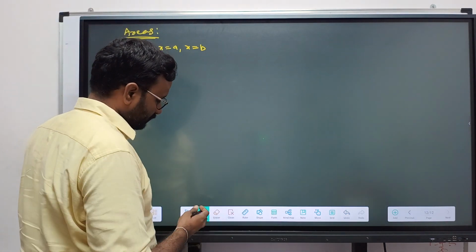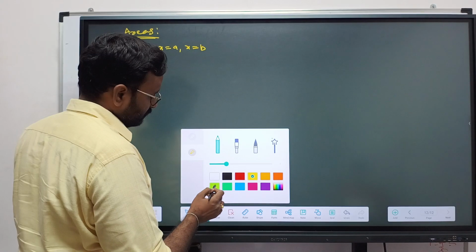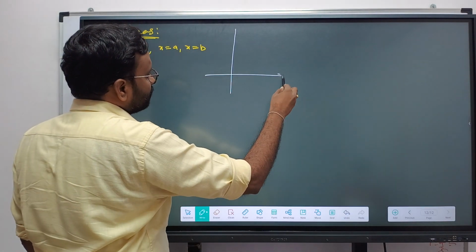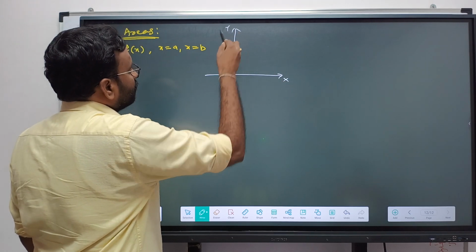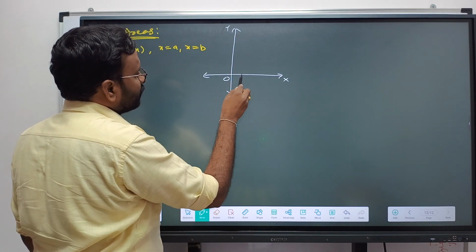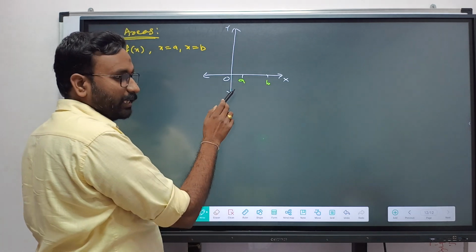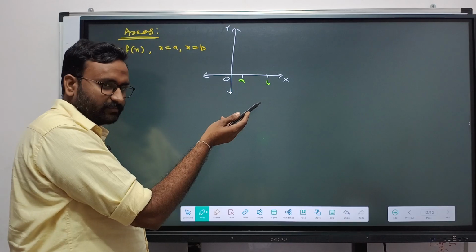See here, x-axis, y-axis. I am taking on the x-axis some values a, b. a is always small, b is always big.